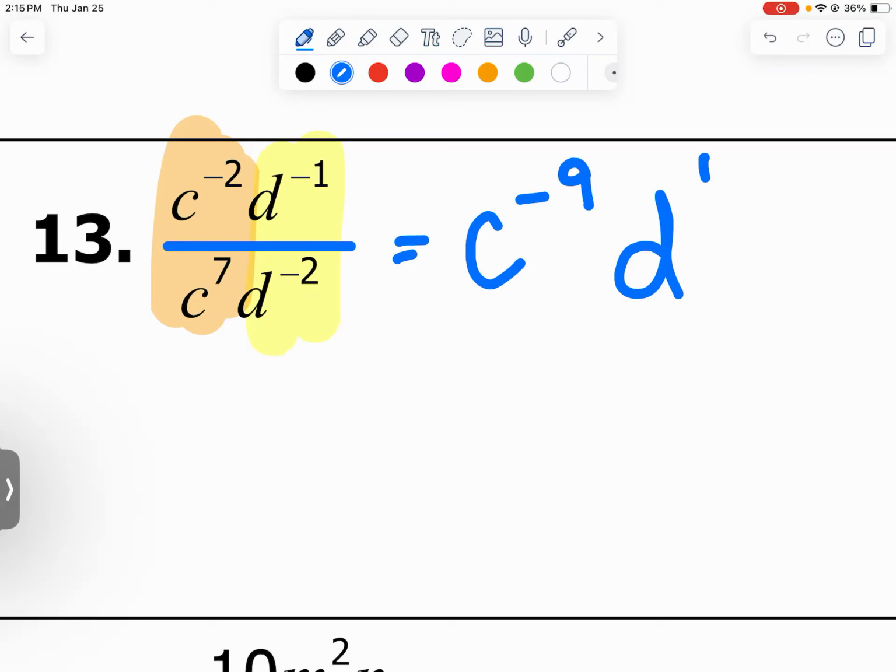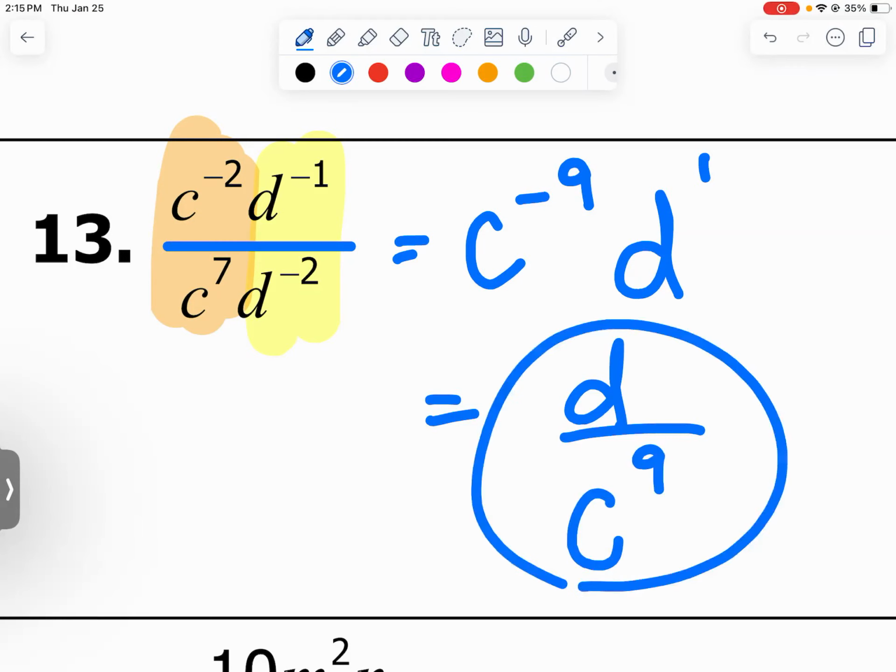But now if we're at -1 and we minus -2, minusing -2 is the same as adding 2. Okay, so this becomes D over C to the 9th. It's not so bad, is it? You just get the name and it makes more sense.